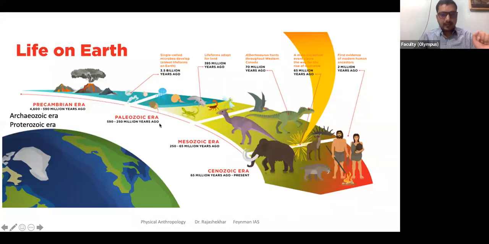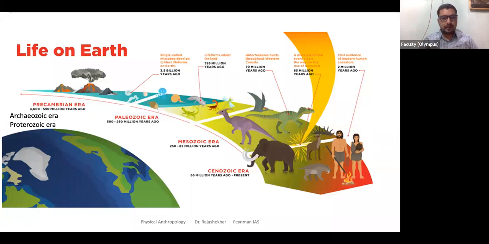So what happened over a period of time? What is this image showing? Life probably had begun somewhere here. Single-celled microorganisms probably started showing up approximately 3.5 billion years ago. Approximately 4,600 million, or 4.6 billion, years ago, we started seeing formation of various components on the Earth, and various planets.